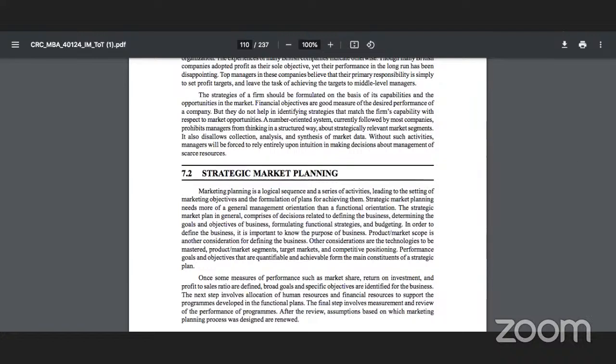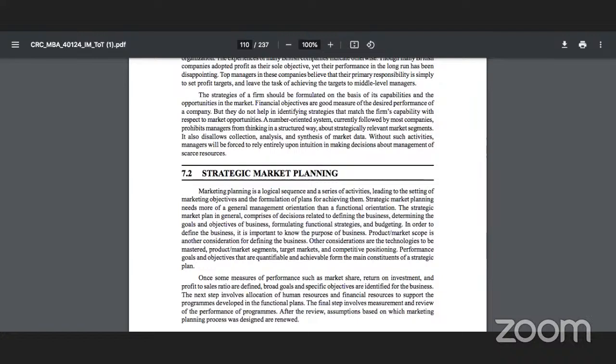So, when we're talking about all these activities, we need to also understand that strategic market planning is a logical sequence, and it is not a single activity but a series of activities. So, first thing is it's a logical sequence. What follows next? There is a logic to it, and it consists of a series of activities which are followed one after another.